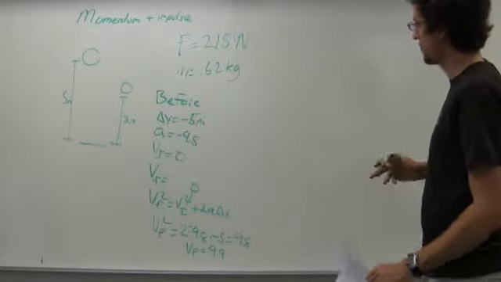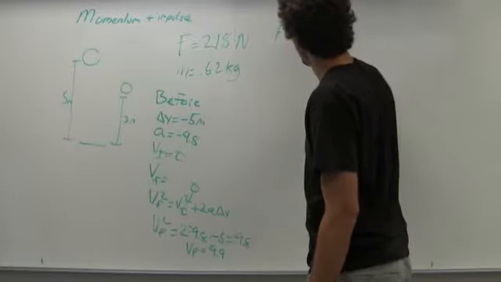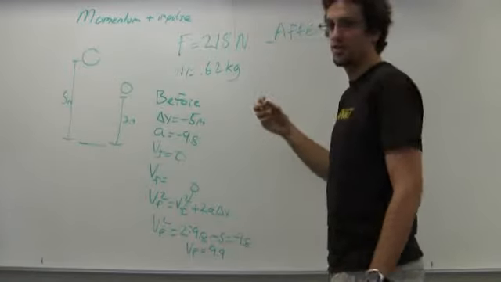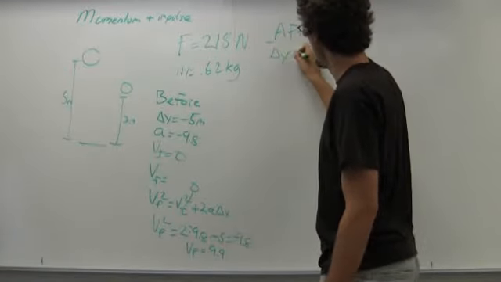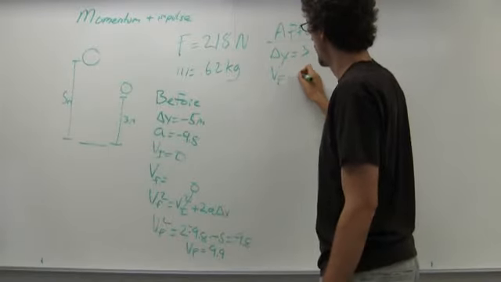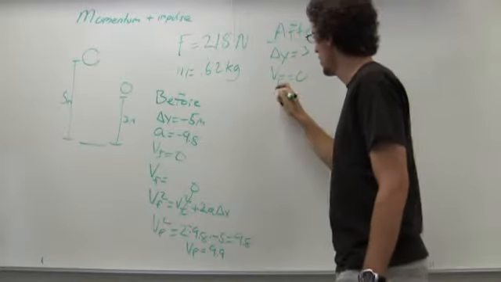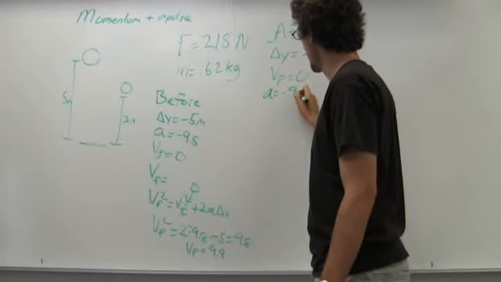We also have an after. Okay, so let's take care of after here. After the ball bounces back up 3 meters, we have a v final of 0, right, because it reaches its highest point. Again, we have acceleration is -9.8.